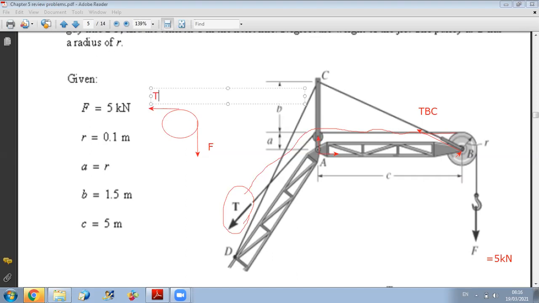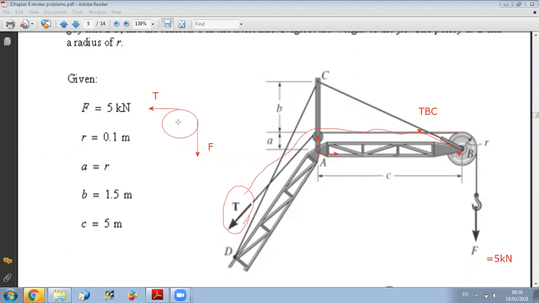Okay, so here I have a tension T. And of course, since my pulley is connected to the system through point B to AB, so since it's connected at point B to structure AB, I can say that at B, okay, I have Bx and By.